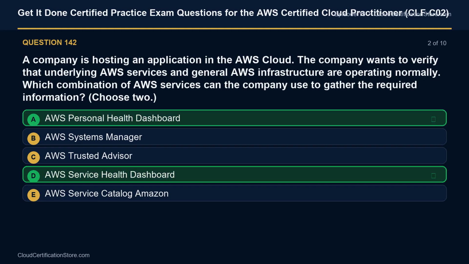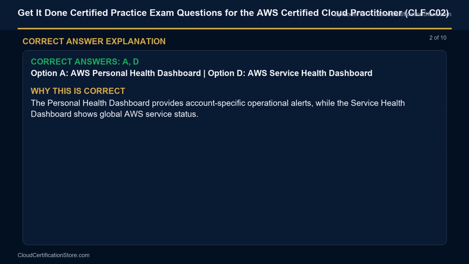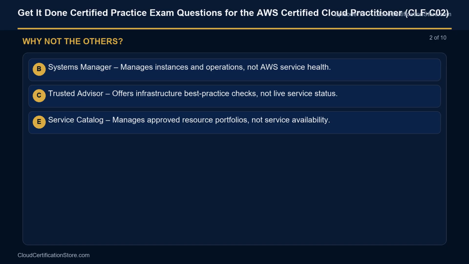The correct answers are A and D. Option A, AWS Personal Health Dashboard. Option D, AWS Service Health Dashboard. Explanation: the Personal Health Dashboard provides account-specific operational alerts, while the Service Health Dashboard shows global AWS service status. Why not option B?